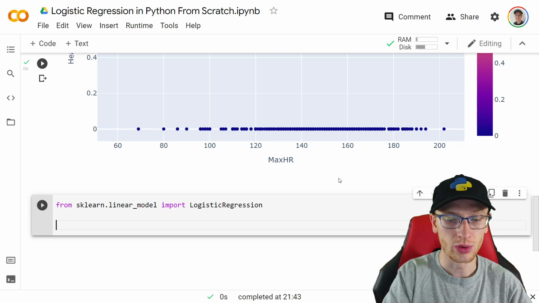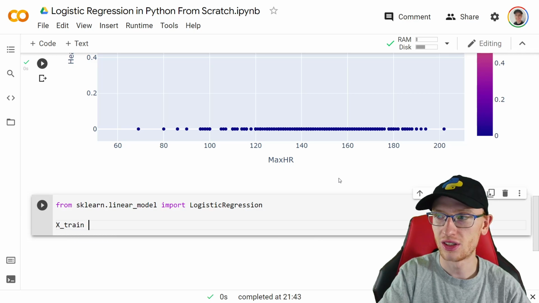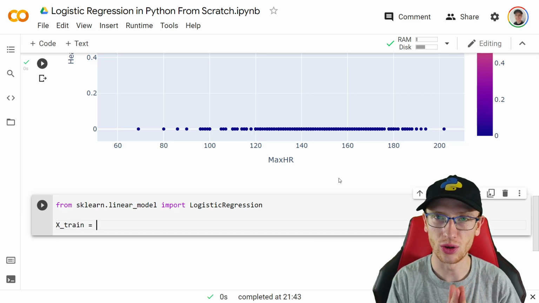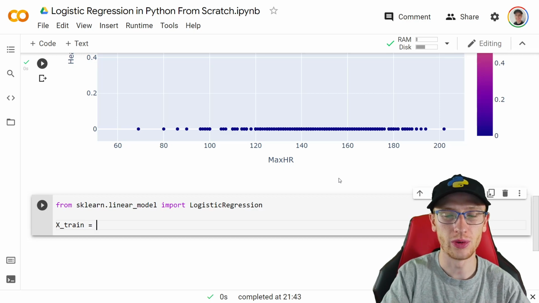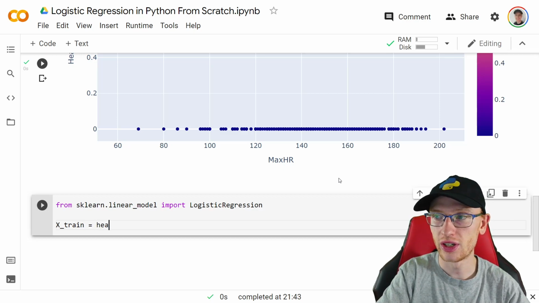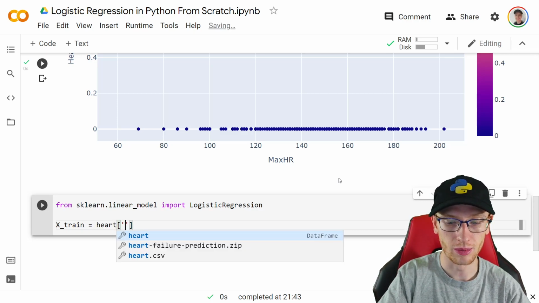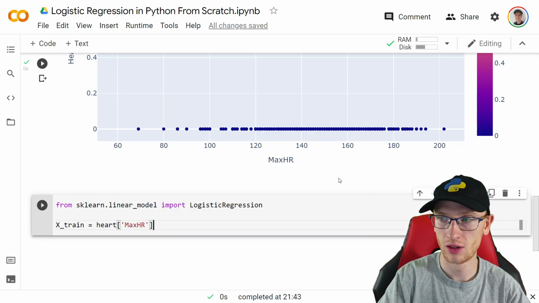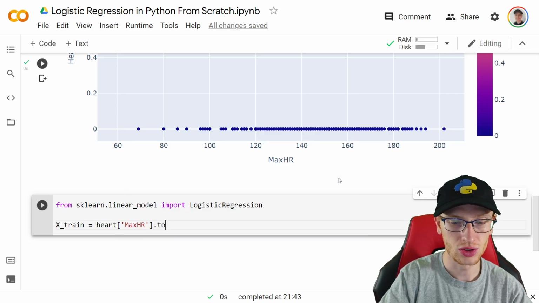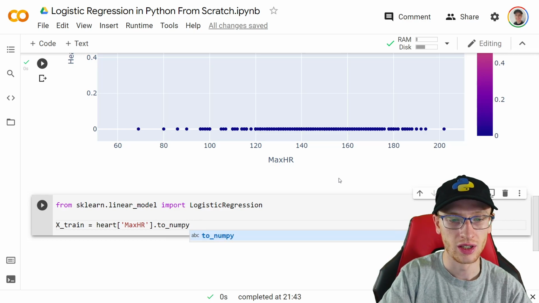And yeah, we're going to do this with, we'll get xtrain, and this is a little bit of crazy code, and don't worry about this too much, although I'll explain each piece. Xtrain is equal to heart sub max heart rate, and then .to_numpy, so converting that to NumPy.